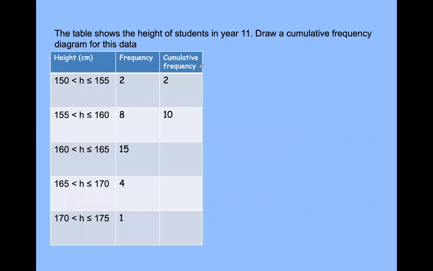So this is the cumulative frequency column. How do we fill the boxes? Where do you find the 2 and the 10? The first value is always the same as the first value of the frequency box, okay? And the second one is by addition of the first two. So 10 is 2 plus 8, and the third one is going to be 2 plus 8 plus 15.